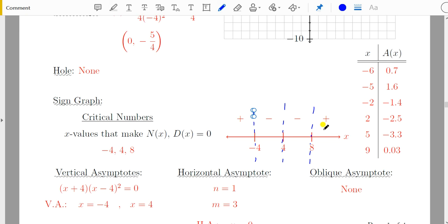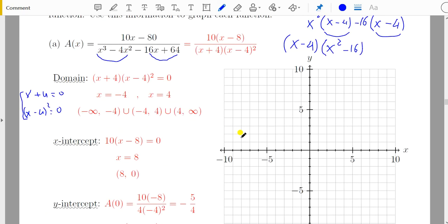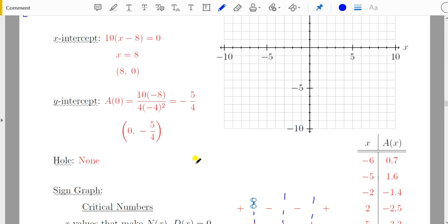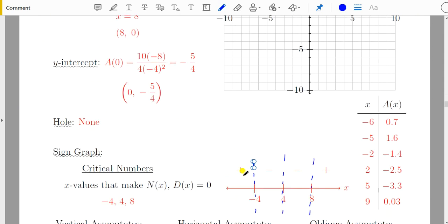Now we can do some testing to find the sign. On the left side of minus 4, I just take one random number, maybe minus 5, and substitute that in here. I see that the whole function gives me some positive value, which is plus.